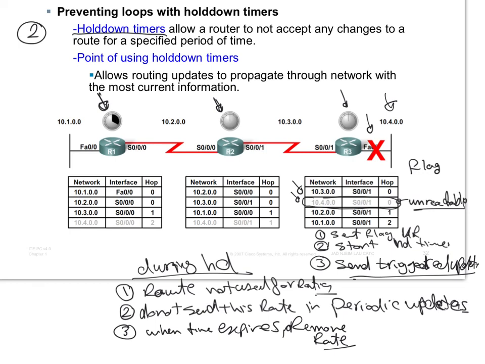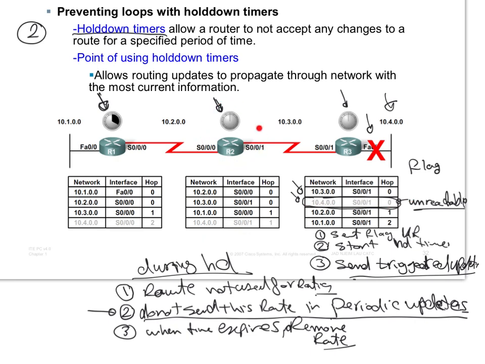But why number two here? Do not send this route in periodic updates. So unreachable routes should be included in only triggered updates, not periodic. Why? Because remember, the hold down timer starts here, before here. Okay, so which means that essentially on R3, the timer expires first. When the timer expires first, this route will be crossed from the routing table, right?